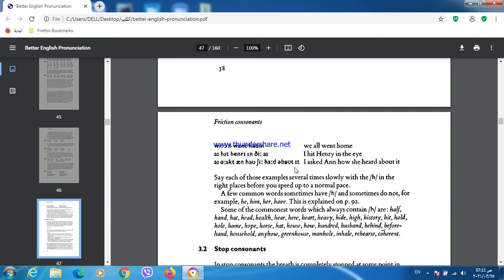Now say each of those examples several times slowly with h in the right place before you speed up to a normal pace. In the beginning, try to produce these words containing h slowly, and then produce them at normal speed. When you control producing them, you can increase your speed to the normal pace.